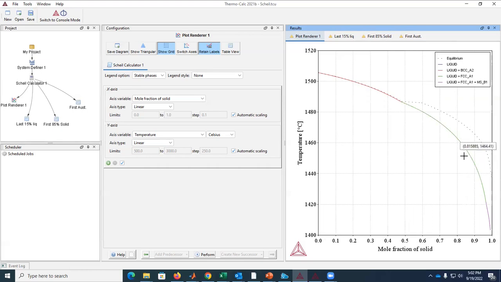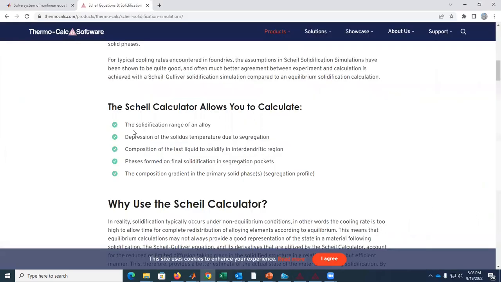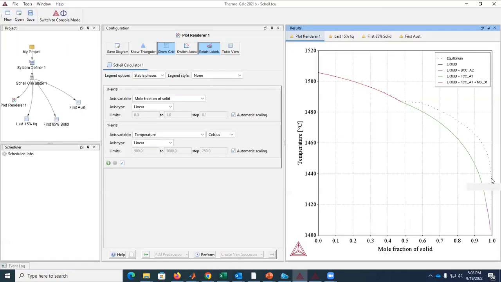That answers the second part of what the Scheil calculation gives, which is the prediction of the depression of the solidus temperature due to segregation. Under equilibrium, the solidus temperature is 1436 Celsius, as you see here.